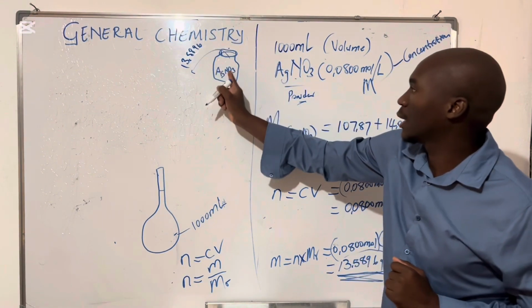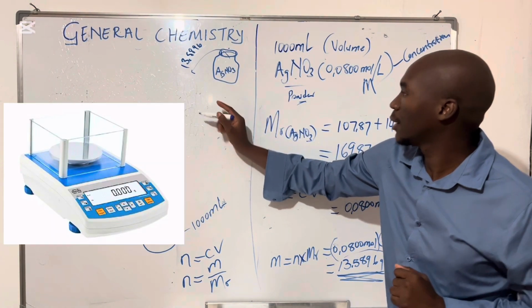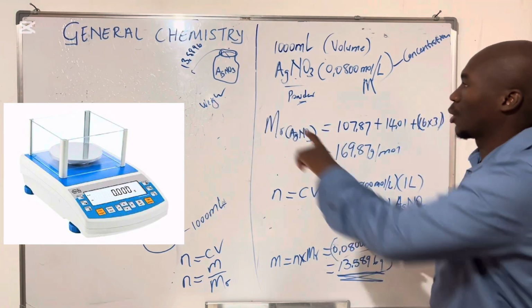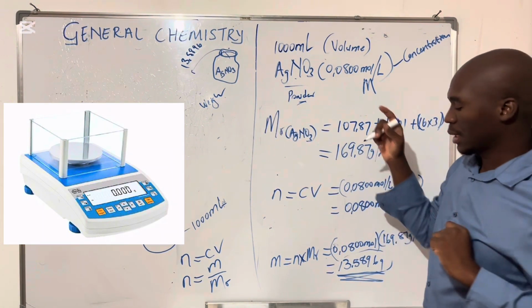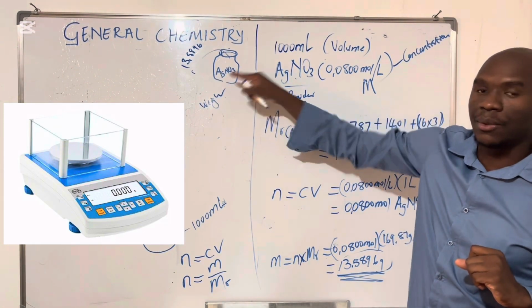We're going to take the powder to the weighing balance and weigh 13.5896 gram. In other words, we're going to use a weighing balance to weigh this amount of AgNO₃.